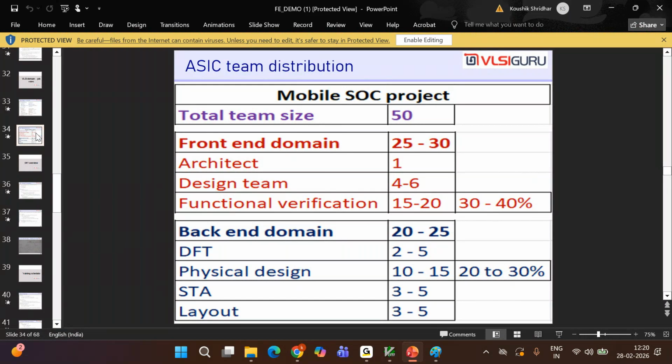To choose VLSI, interest to learn VLSI. To choose front end means interest to code. If you don't have interest in coding, then choose back end. Interest only, no prerequisites. Why? Because everything starts from scratch. From scratch to advanced, we'll be teaching you.